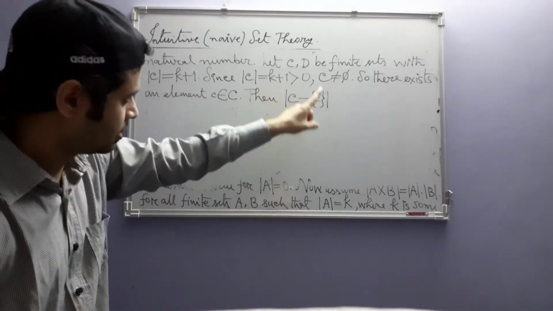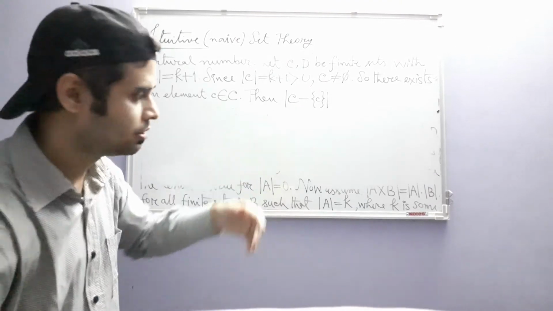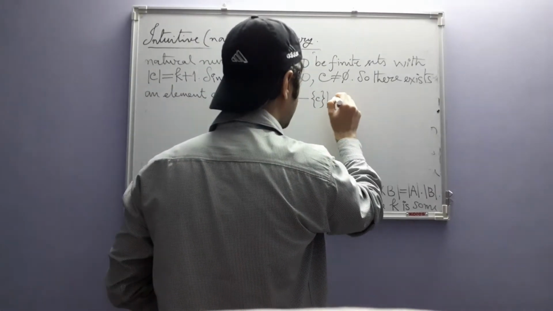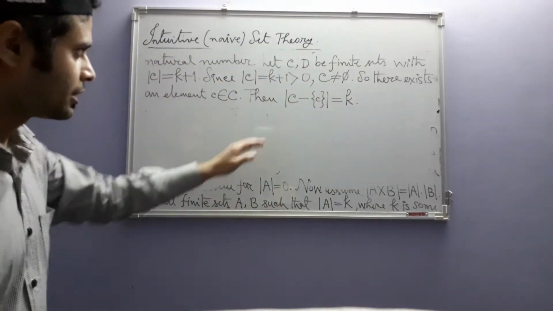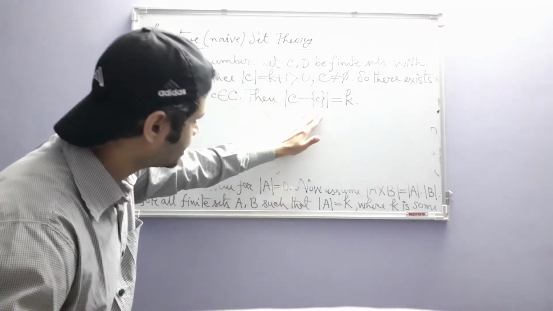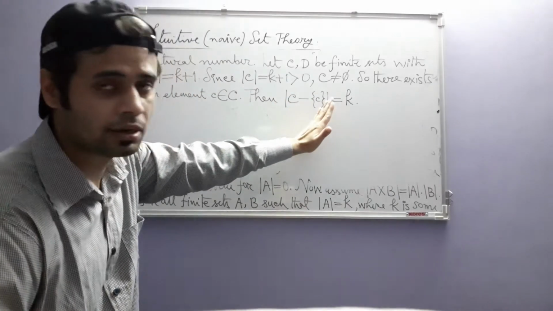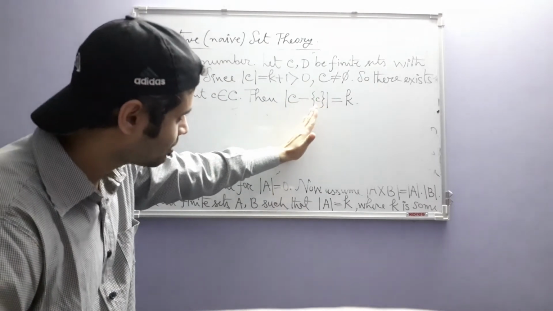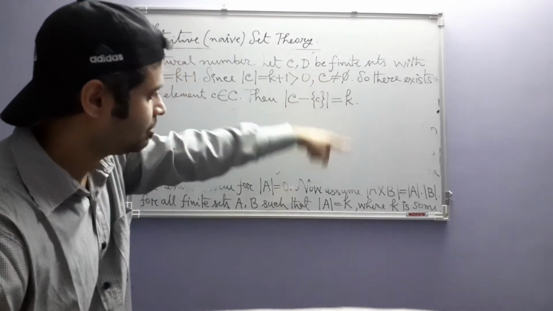So the resulting set has how many elements? k elements, one has been removed. So this is equal to k. That means C minus the singleton set {c} is a finite set having k elements, and D is any finite set.